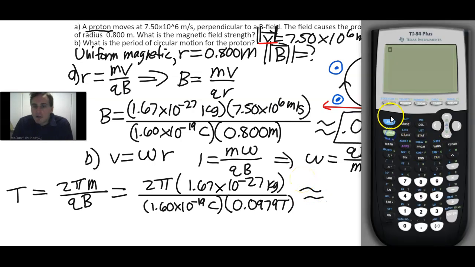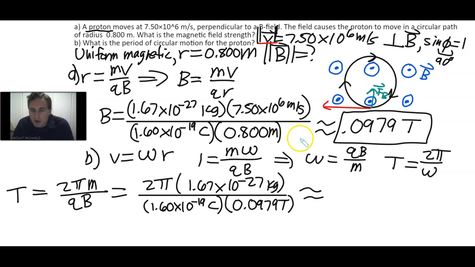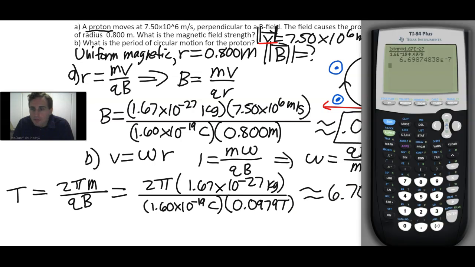We get approximately 6.70 times 10 to the minus 7th seconds, rounding to 3 significant digits.